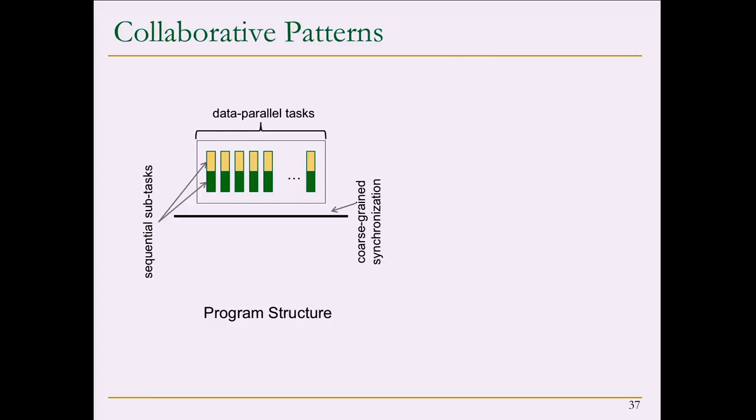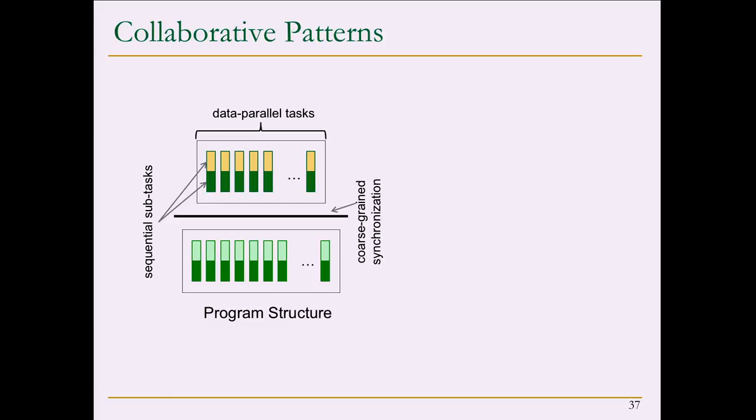Remember that these GPU threads are organized into thread blocks, and when all the thread blocks in one kernel finish, the kernel finishes, and at that point we have a coarse-grained synchronization point. And right after that, we can launch a new kernel, right? And this new kernel will also have some data parallel tasks, different or the same parallel tasks, that are going to be assigned to the different threads that are going to execute them.